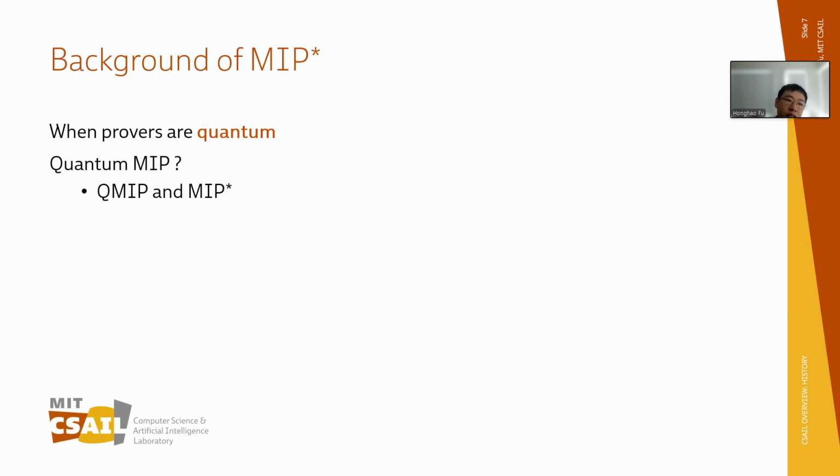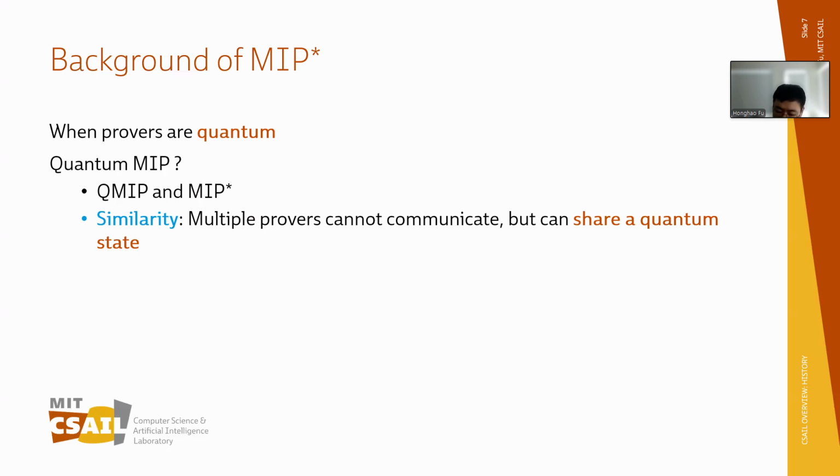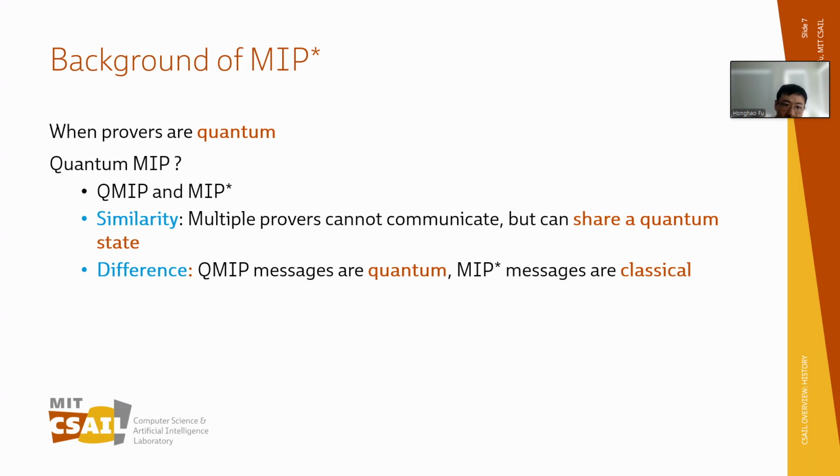And they are similar in the sense that we are going to separate the provers so that they cannot communicate, but we give them the capability to share arbitrary quantum states. But they are different in the sense that the verifier in the QMIP protocol is quantum, so that he can process quantum states on polynomially many qubits as a message. But in MIP star, the verifier is classical, so that he can only process classical messages.